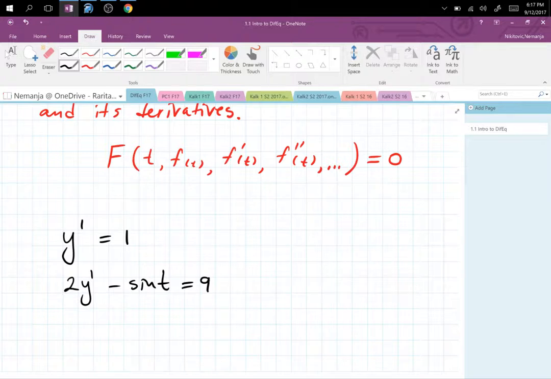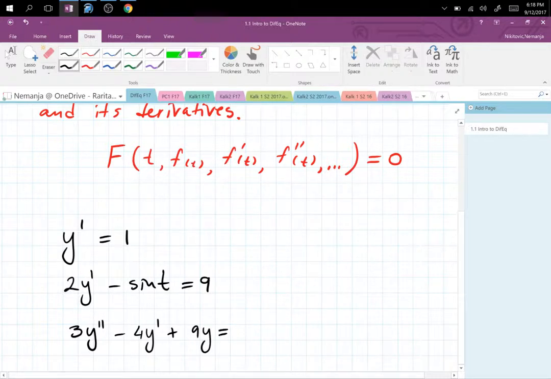Again, for each one of these differential equations, function y is the unknown. We can also have, this would be the constant coefficient, second order constant coefficient equation. So let's say y double prime minus 4y prime plus 9y equals 0. That is also a differential equation.